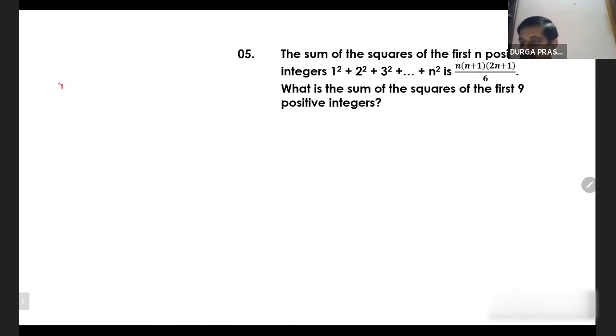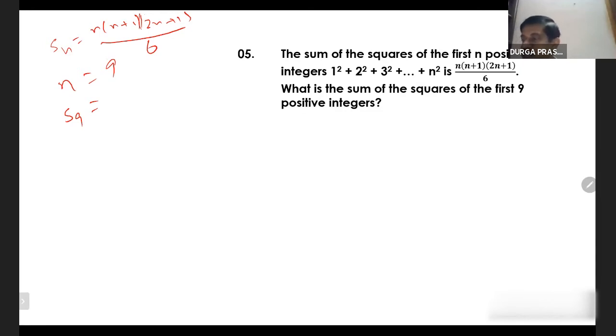Means n equals 9, sum of 9 numbers. Wherever n is there I'll replace it. Sn is given as n into n plus 1 into 2n plus 1 by 6.